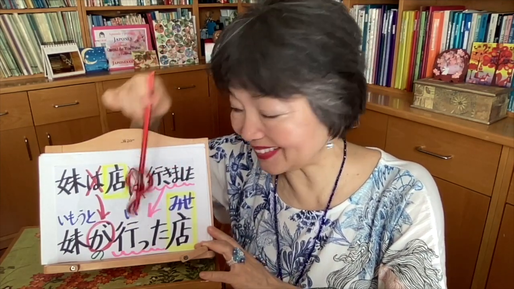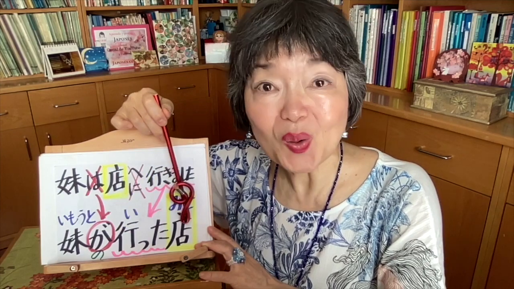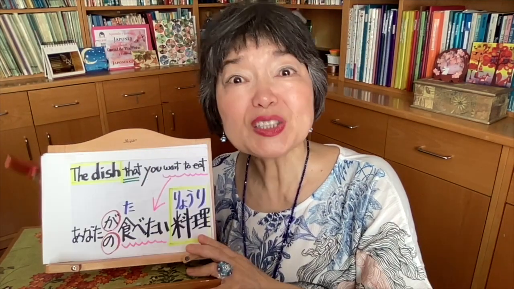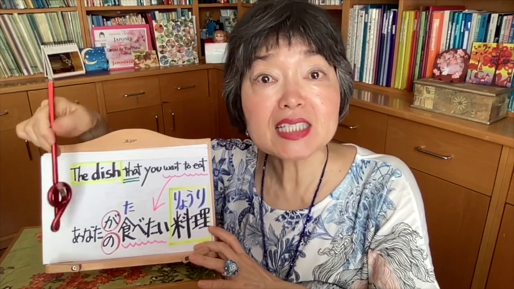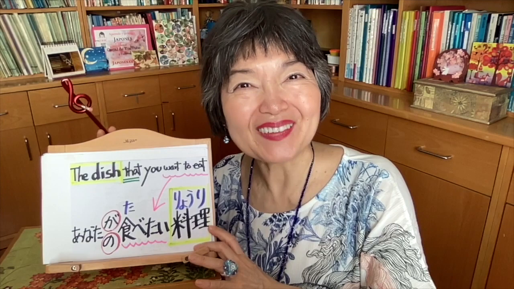The last verb, 行きました. This is the past tense of 行きます. So 行きました in the plain form, 行った. This is going to here. So 妹が行った店 or 妹の行った店. Now let's practice to change into this relative clause from the English one directly.